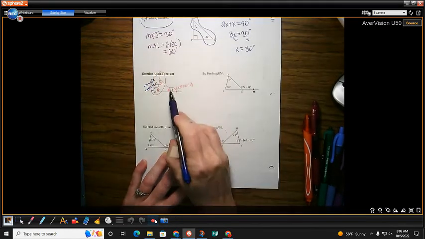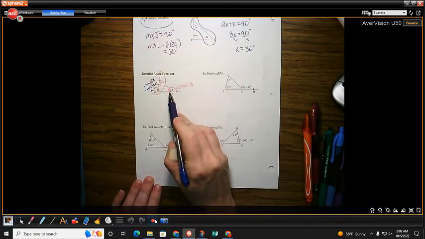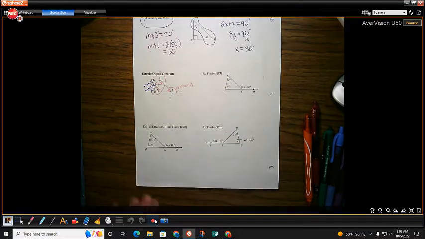The close-up guy is its linear pair. But the far away ones are called remote interior because they're modern. They've upgraded to the current terminology. You know, because everybody talks about remote things nowadays instead of far away things.